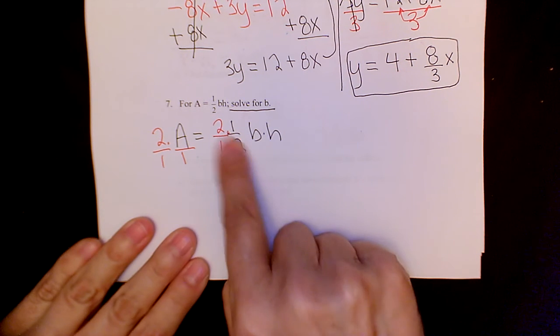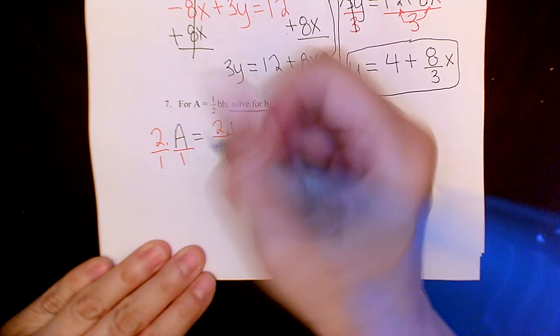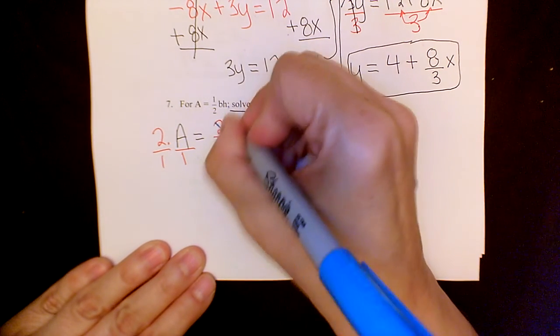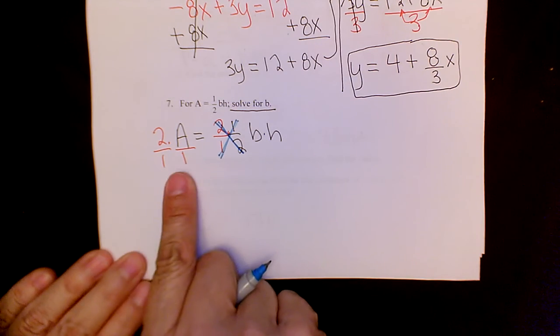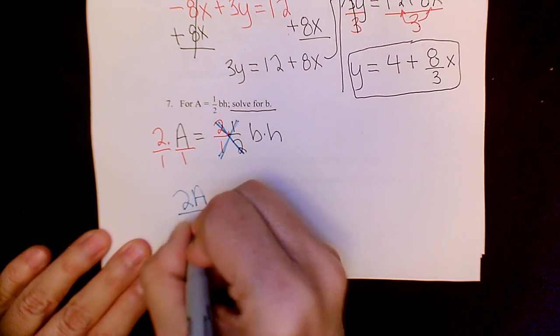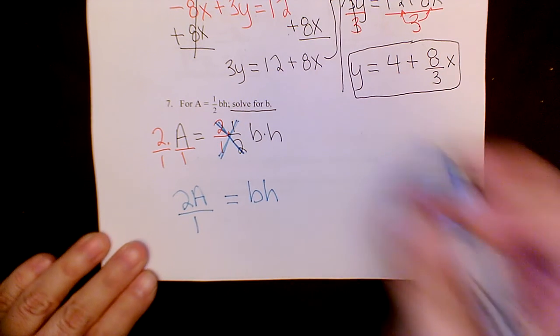Okay, so what happens here and here with my 2's and my 1's? What happens? They cancel out, right? Or divide out. So these are gone. And if I'm multiplying straight across, I get 2a over 1 equals BH.